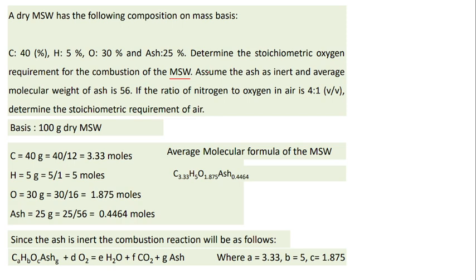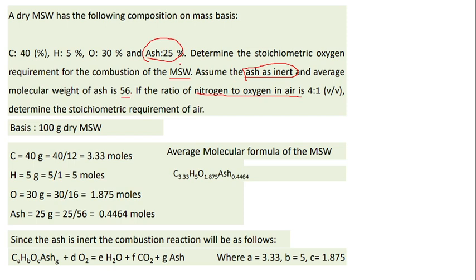For the combustion you are using air. In the air it is given that the nitrogen to oxygen ratio is 4 to 1. Whatever ash is present in our waste is again formed as ash itself, so it is given as inert. You can eliminate it during the stoichiometric calculation. The molecular weight of ash is also given, which is 56.